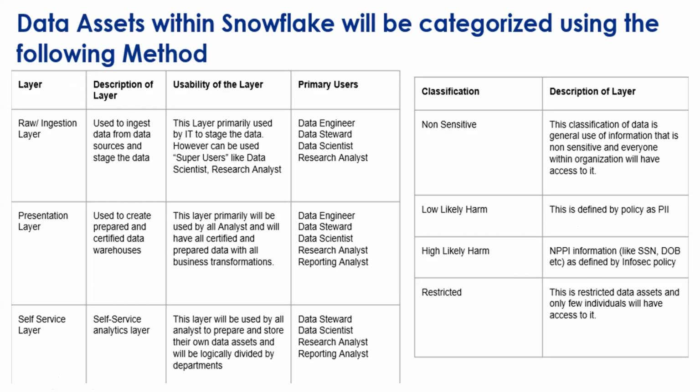And restricted, some of the data which is not even given to everyone, like finance data, very, very secured. Only finance admin should be able to see that. And non-sensitive data will be there, which can be granted access at organization level to everyone. So we need to classify.